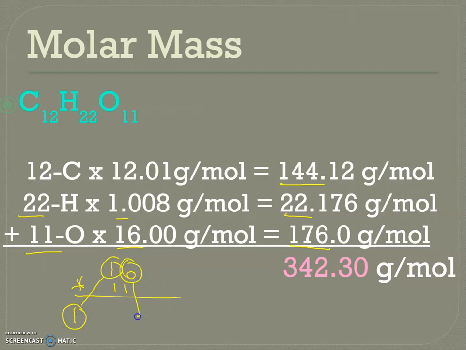You put the 6 right here. And then what is 1 plus 6? That is 7. And that's how we get 176. So if I had 42 times 11, what's that going to be? A 2, a 4 and 6. It's going to be 462. So smart. And then you add them up. You get 342.30 grams per mole.